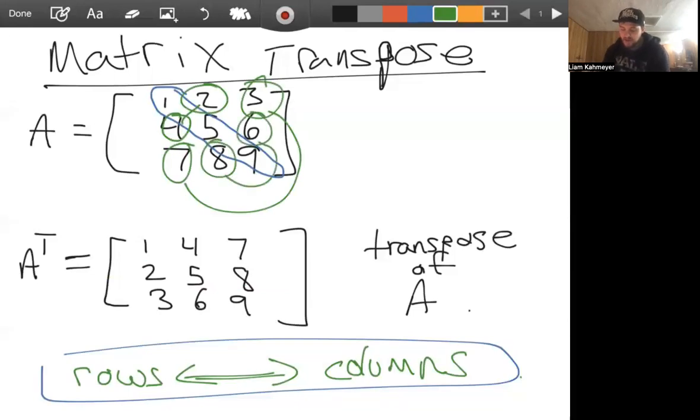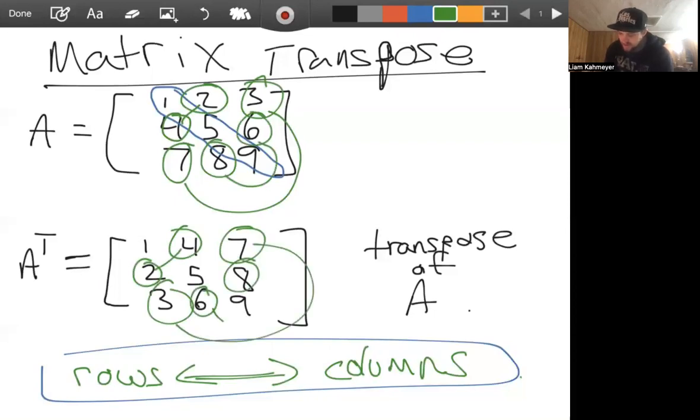And that's exactly what happened here, right? When we look, the diagonal stayed the same because that was our line of symmetry. And then 2 swapped with 4, 3 swapped with 7, and 6 swapped with 8. This is another way you can think about what the transpose is doing if you would like.